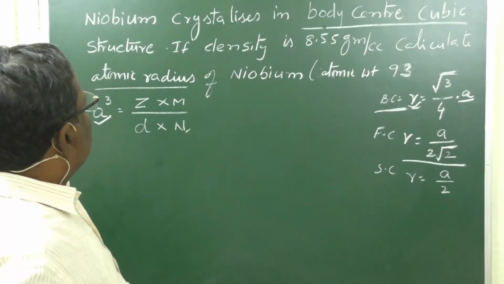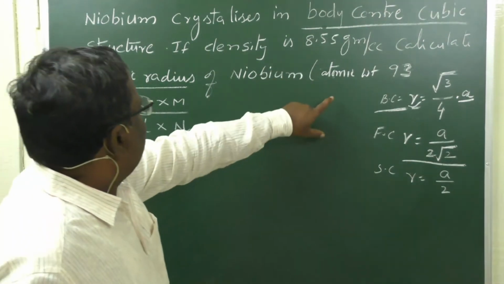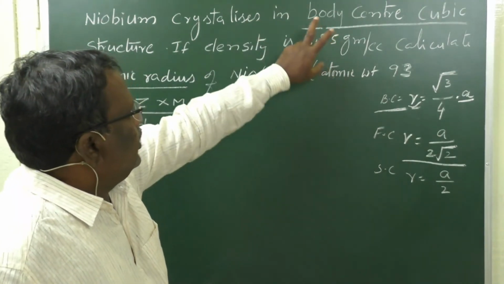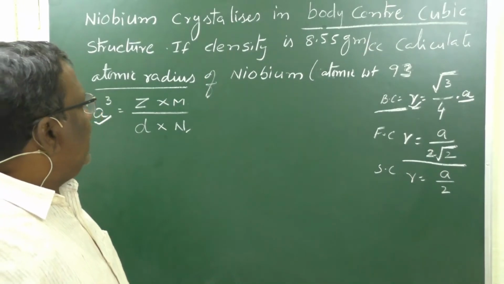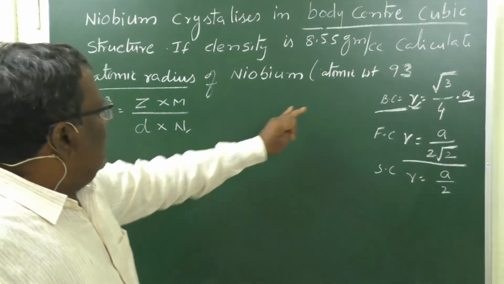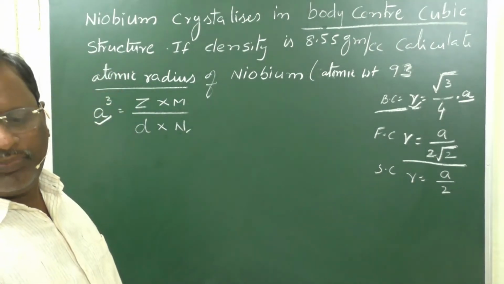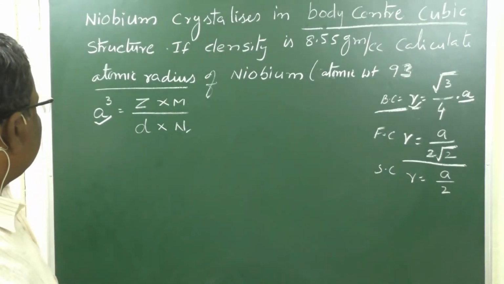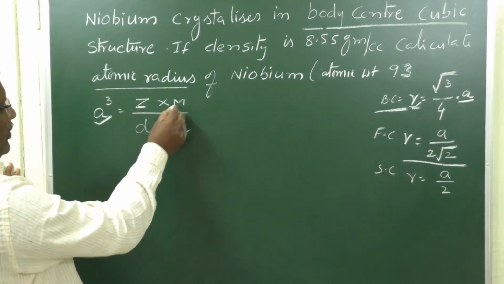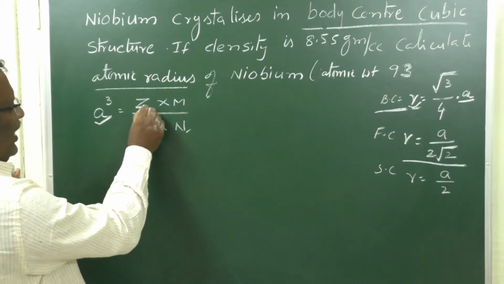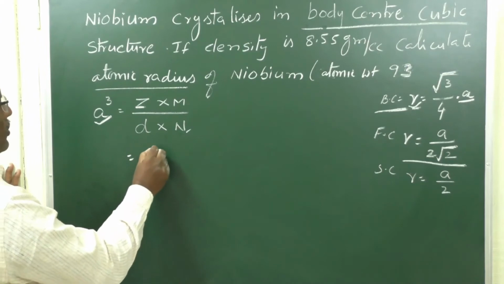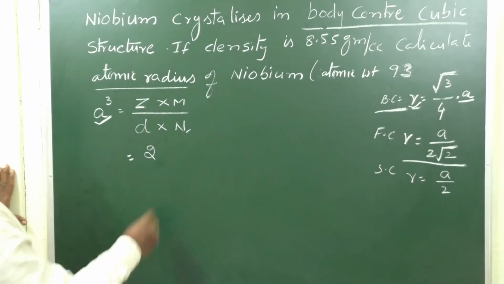What was given is the density and atomic mass, and since it is a body centered cube, we know that 2 atoms are present in a unit cell. So, they gave the Z value, M value and density, and the Avogadro number is constant. We have a formula: A cube, the volume of the unit cell, is equal to Z M by D N. Z is the number of atoms in a unit cell, so Z is 2.